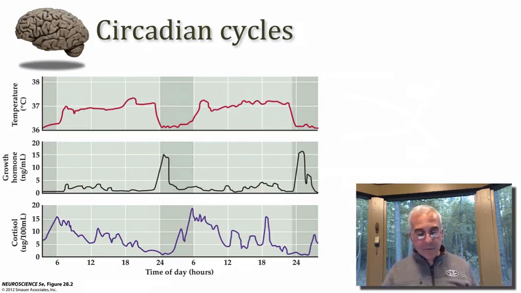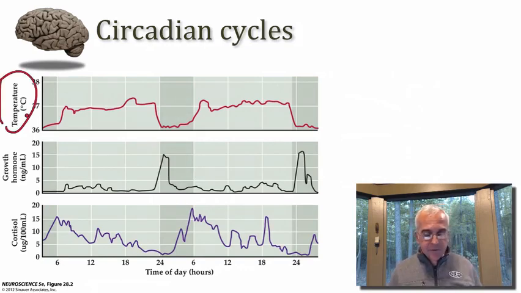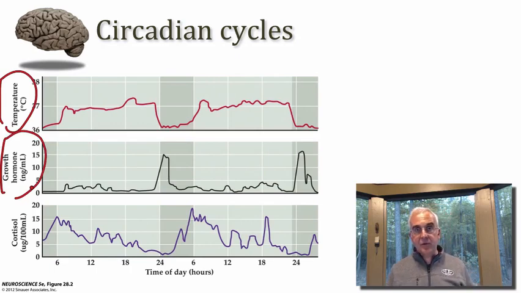So here's some examples. On the top we see a record of body temperature. In the middle, a measurement of the production and the circulation of growth hormone in the serum. And on the bottom, the hormone cortisol. And we see that they each show their own kind of daily rhythm.